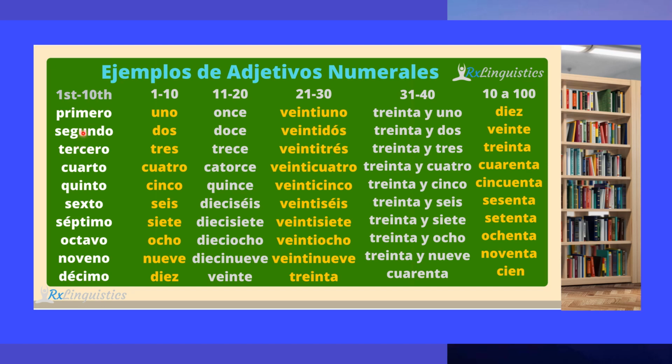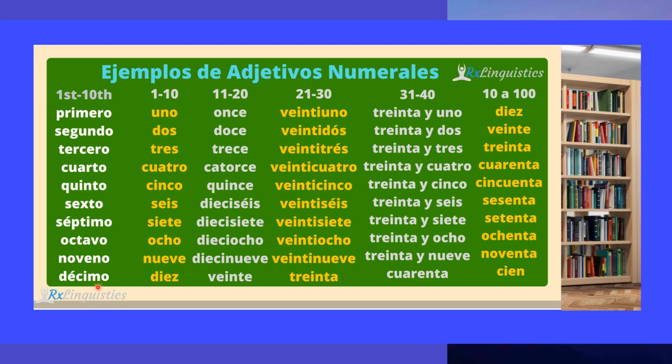The rest, you can just say number 12 if you want to say the 12th of an item. So we're just going to limit ourselves to these now. In the future, you can learn the rest, but these are the most used, the most important.